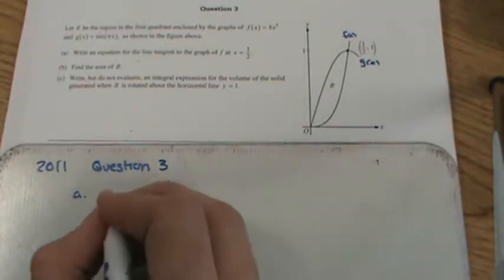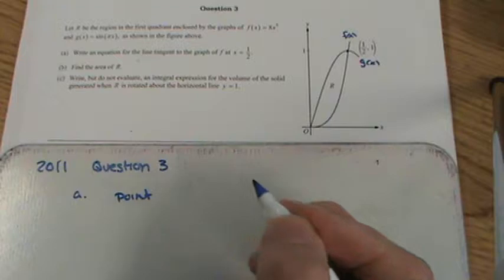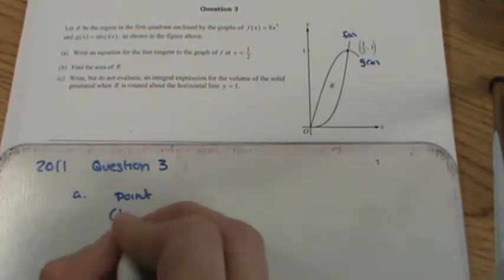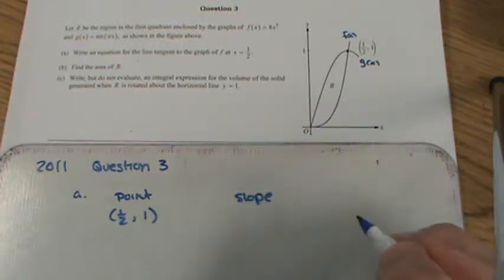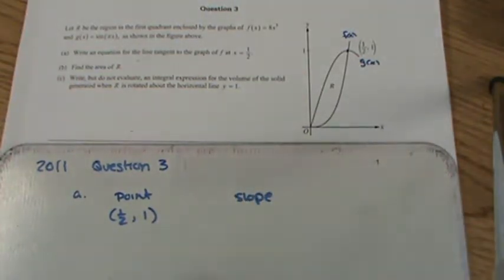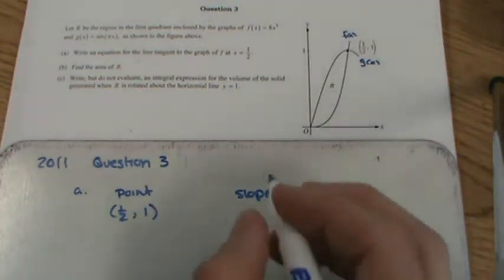A says write an equation for the line tangent to the graph of f at x equals 1/2. Well, what do we need for a tangent line? We need a point, which they actually give us. So we got 1/2, comma 1, and we need a slope. In order to find the slope, we're going to take the derivative of f of x.